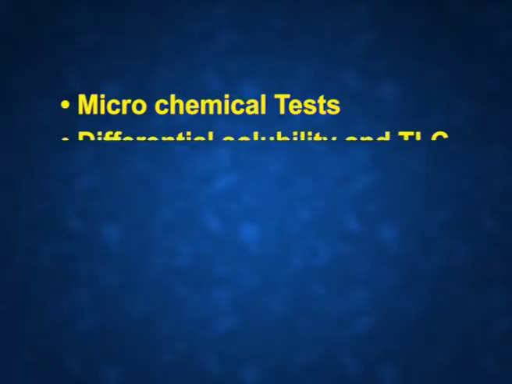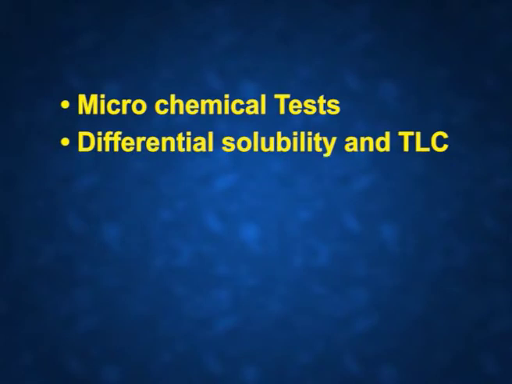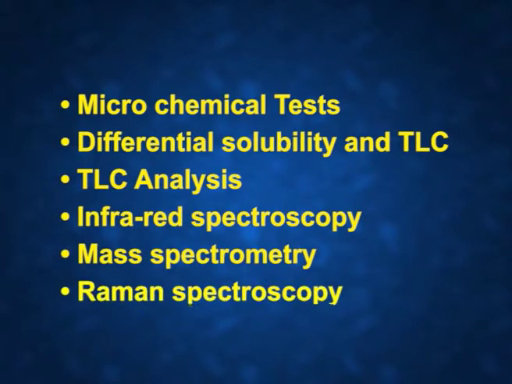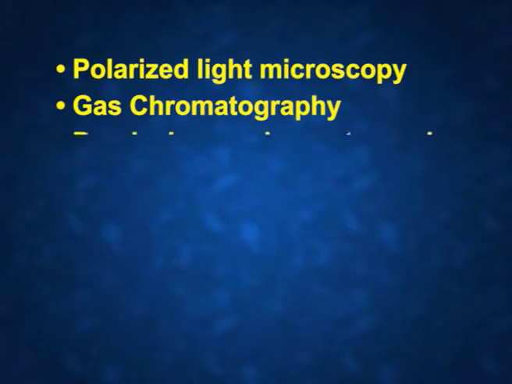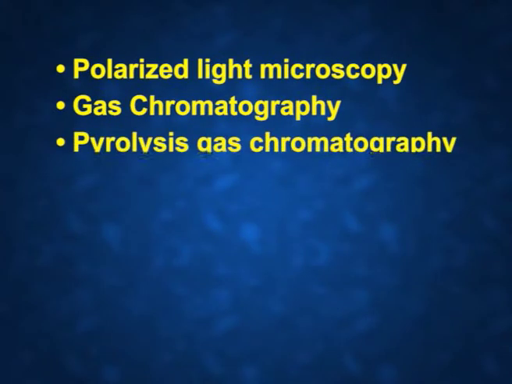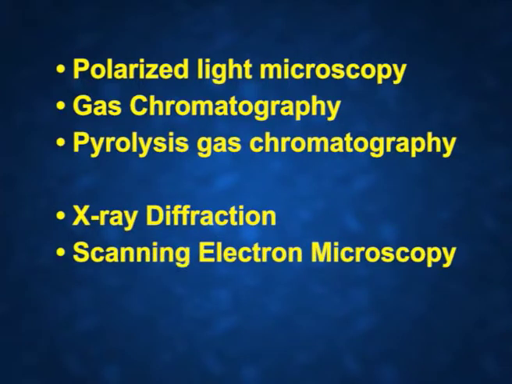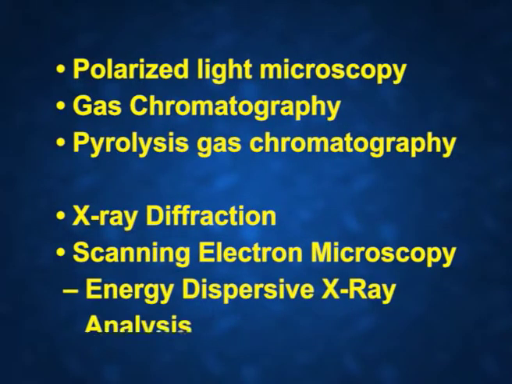That is the microchemical test, the differential solubility and TLC analysis, infrared spectroscopy, mass spectroscopy, Raman spectroscopy, polarized light microscopy, gas chromatography, pyrolysis gas chromatography, X-ray diffraction, scanning electron microscopy, energy-dispersive X-ray analysis. Let us now discuss each of them.